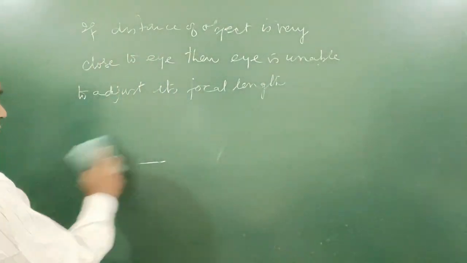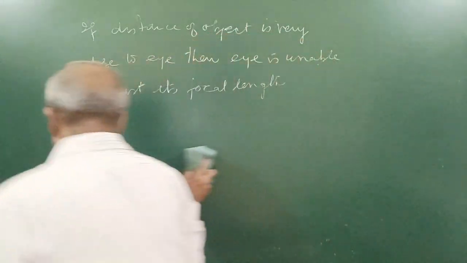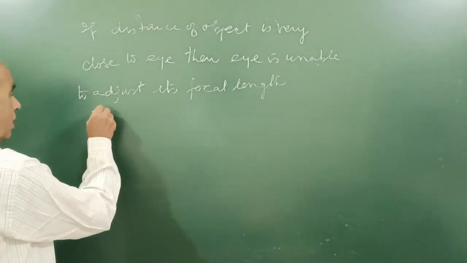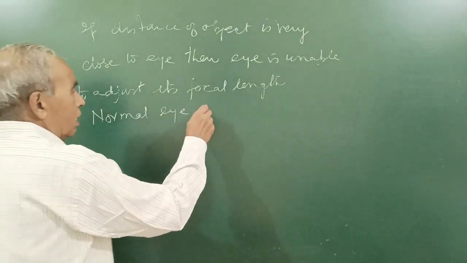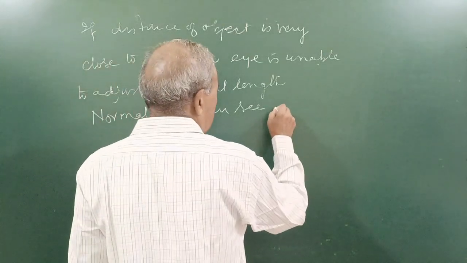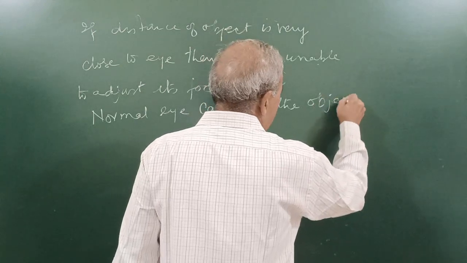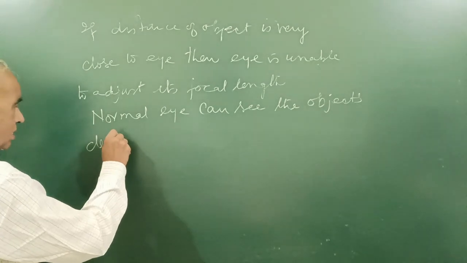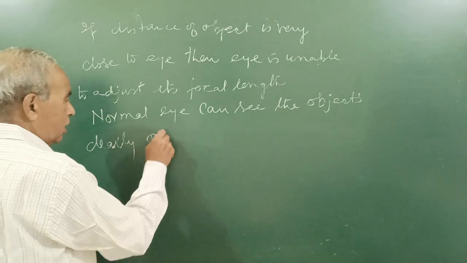Means there is a limit of seeing the object at a closer distance. A normal eye can see the objects clearly or distinctly.